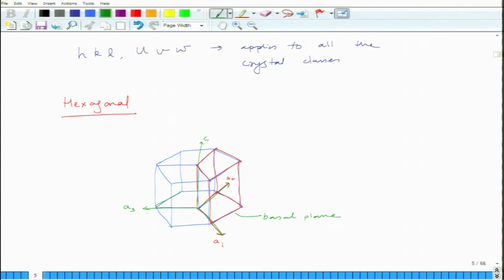And you can see that by symmetry A1, A2 and A3 are related to each other. A3 will be nothing but minus A1 minus A2; you can see that A1 plus A2 plus A3 is equal to 0, right, because they close each other.